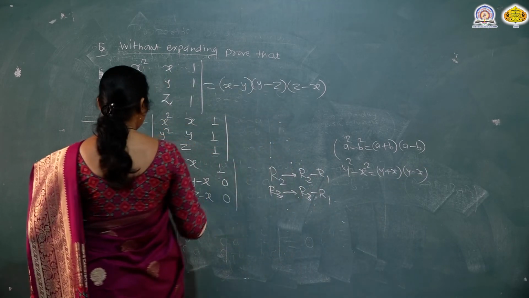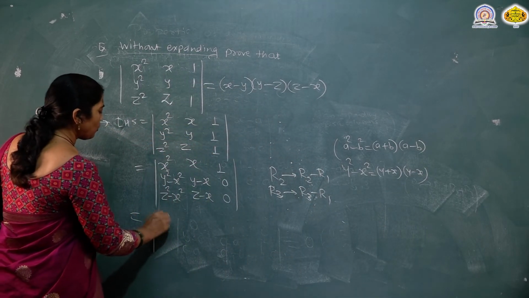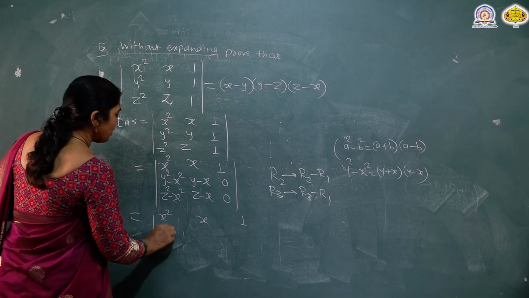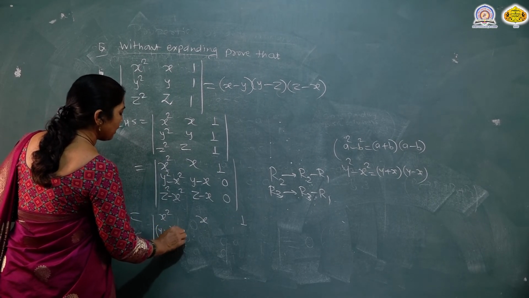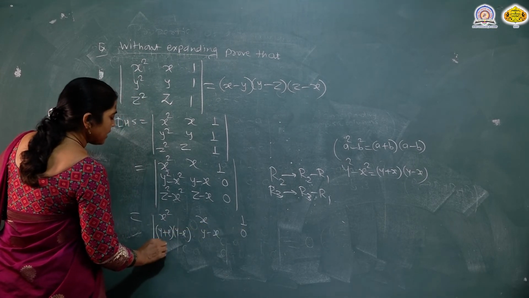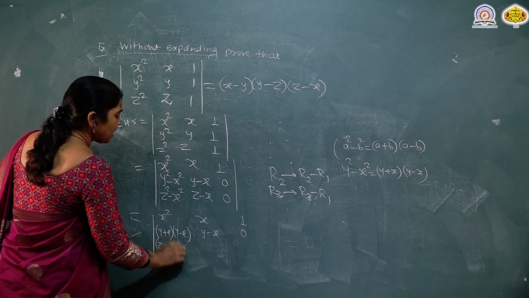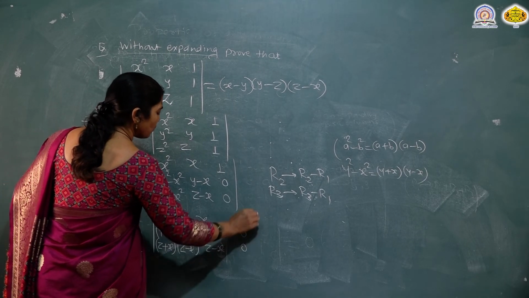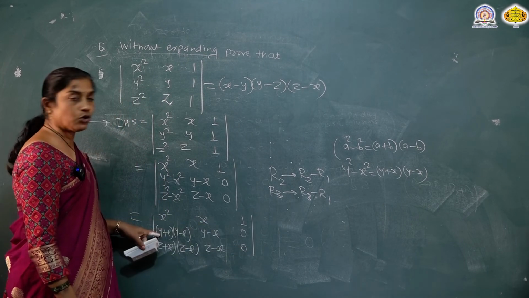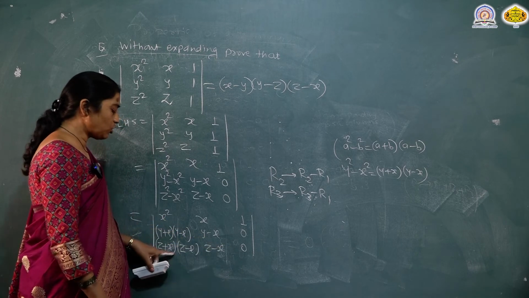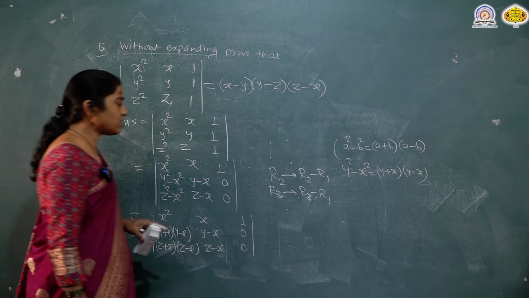So, what is this determinant? It is equal to the determinant with first row x square, x, 1; second row y plus x into y minus x, y minus x, 0; and third row z plus x into z minus x, z minus x, 0. Now, from the second row we can take y minus x common, and from the third row we can take z minus x common.